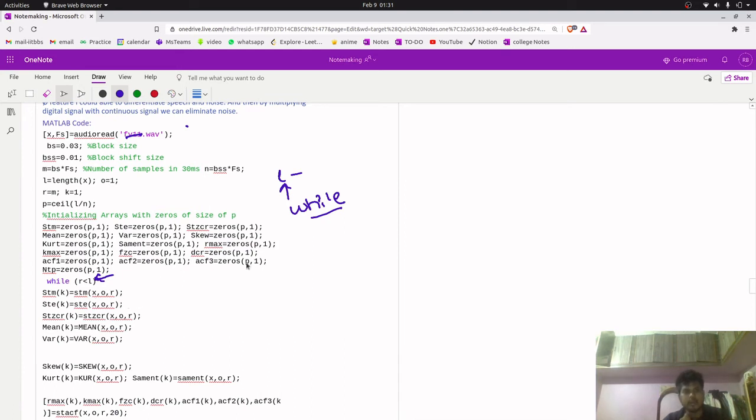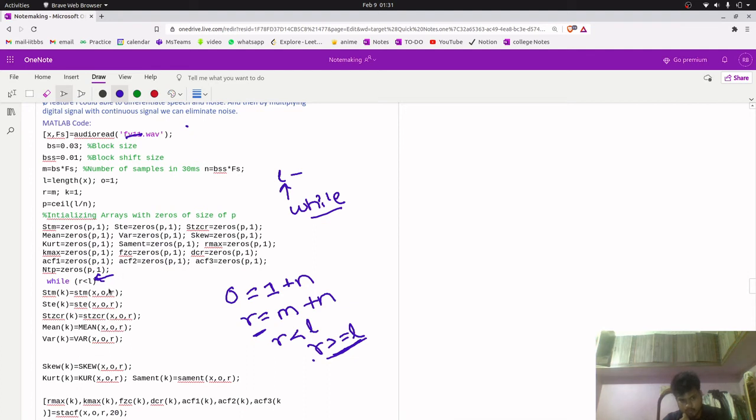Now I have initialized O with 1 and R with, initially, M. Now I will increment in each iteration, and whenever R is just greater than L, then the while loop will be stopped.